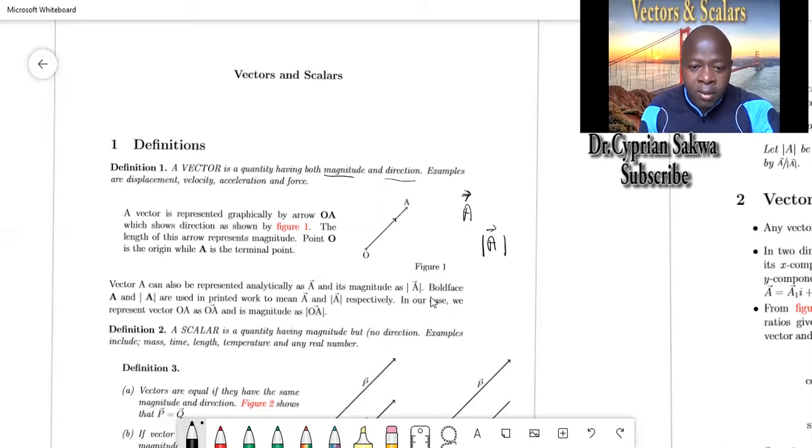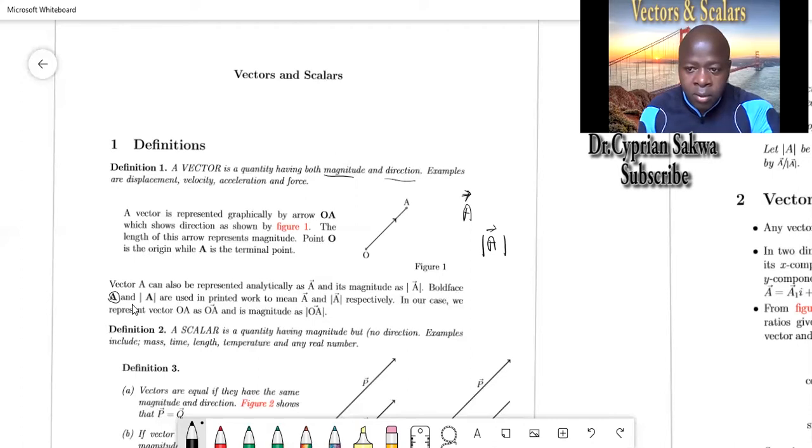In printing, you can print boldface like this. It means vector A, and its magnitude can be printed this way. That is if you are printing. And they mean the same as what you already have: vector A and the magnitude of A. Now, in our class today, we'll combine the two.